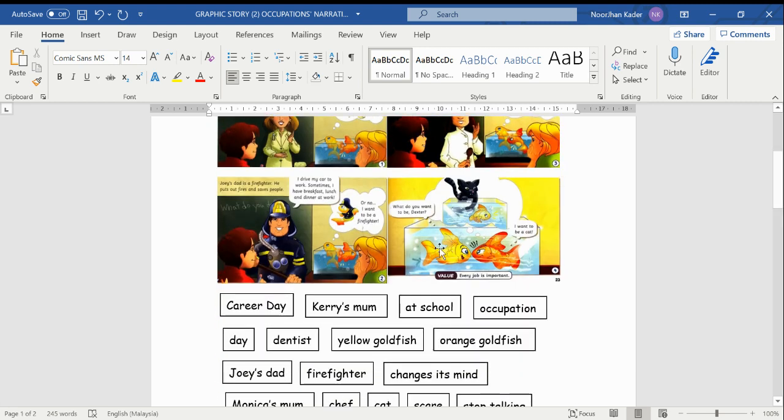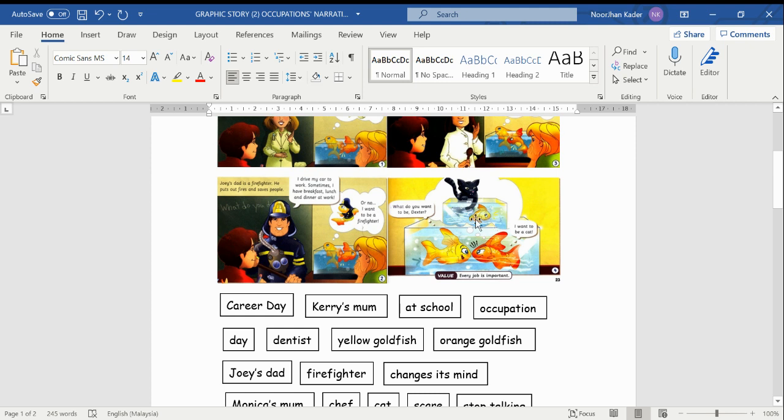Okay. So the yellow goldfish asks Dexter, the orange goldfish, what it wants to be. It answers the yellow goldfish, I want to be a cat, so that it can scare off the yellow goldfish. You see, it imagines it can scare off the yellow goldfish and stop it from talking.